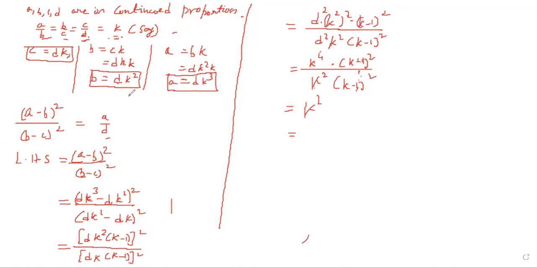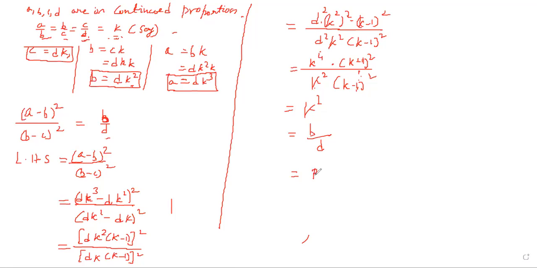Now we have to bring A by D. And K square is B by D. It means it must be B by D. So this is again a mistake. So A minus B whole square over B minus C whole square equals B by D, which we have proved in this.